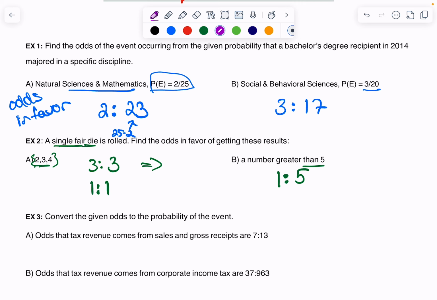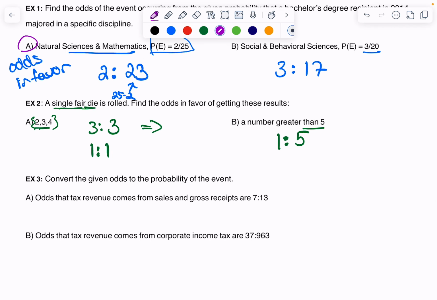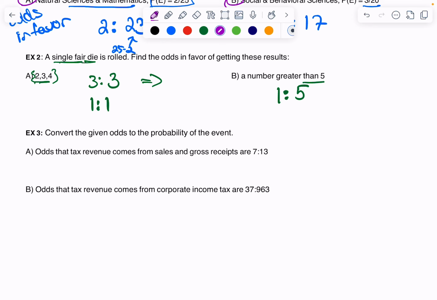Okay, convert the given odds to the probability of the event. So now we're doing the opposite of what we did right here with these. So odds that tax revenue comes from sales and gross receipts are 7 to 13. So our probability, the first number is going to be the numerator, so 7, and then we're going to add these two, which gives us 20. 7 plus 13 is 20, so it's 7/20.